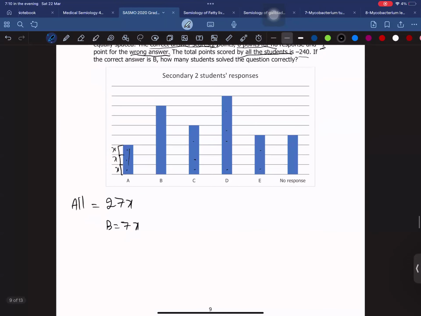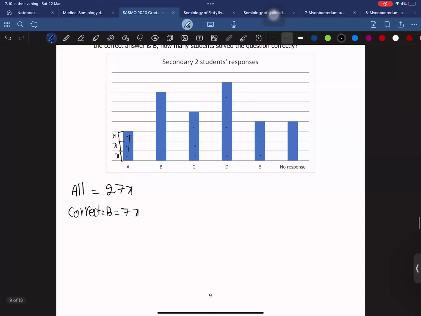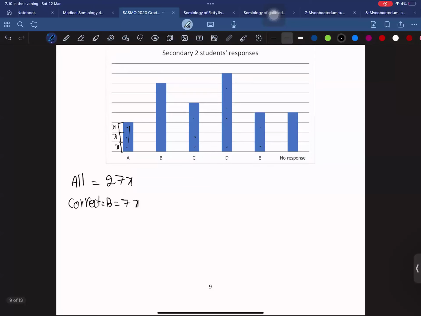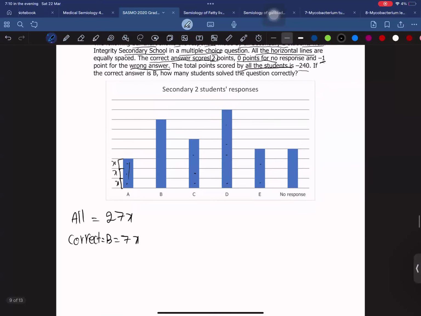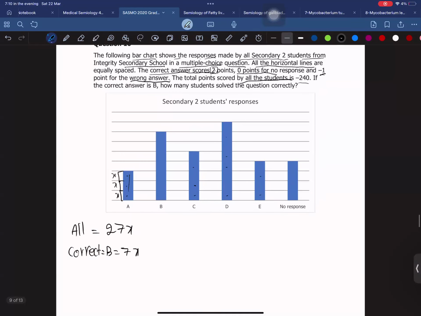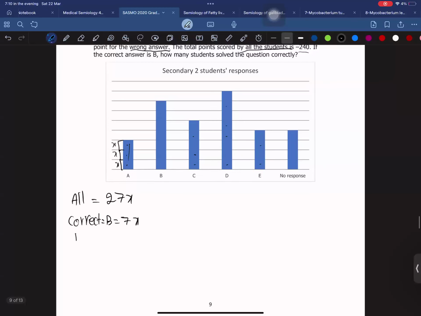So all answers equal 27x. The incorrect answers equal 27x minus 7x, which is 20x.